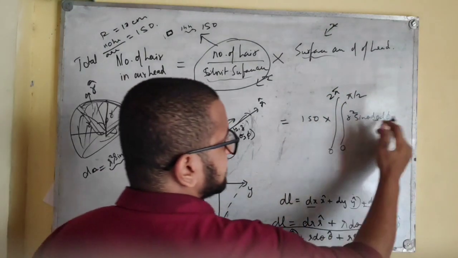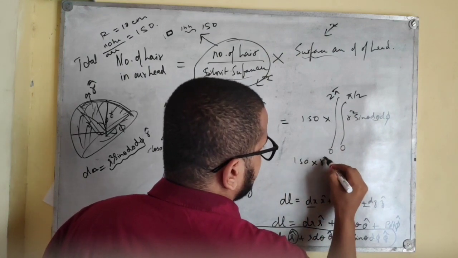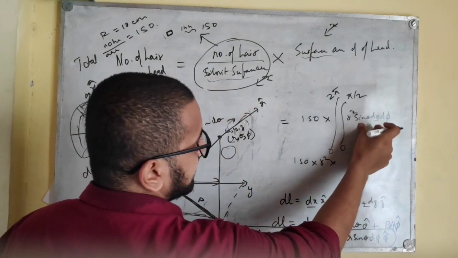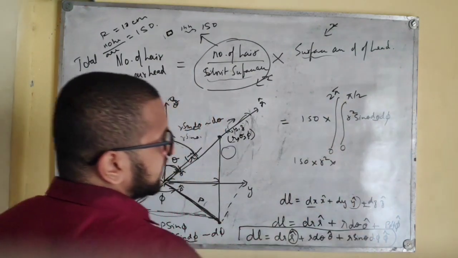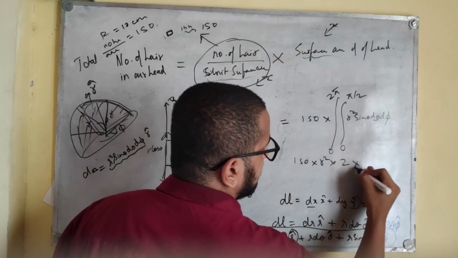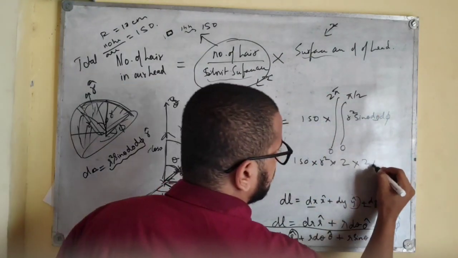So if we calculate this integral, we are going to get 150 times r square times the integration of sin theta, and d phi integrates to phi, from 0 to 2 pi giving 2 pi.